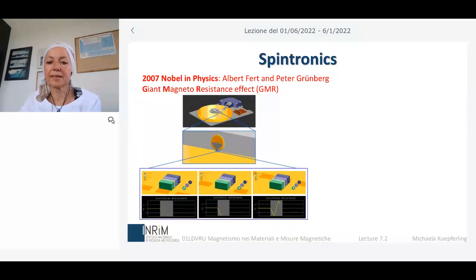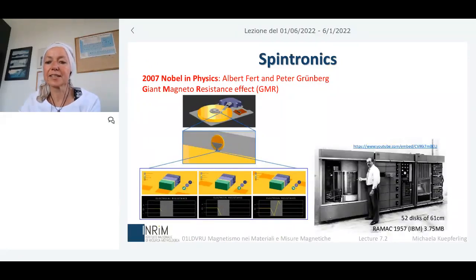This slide shows how much we have improved since the first hard disks. In the first lecture, I showed you this very tiny external hard disk that I had, which goes up to 2 or 3 terabytes. And here you can see the first hard disk in 1957, developed by IBM. It's called RAMAC.